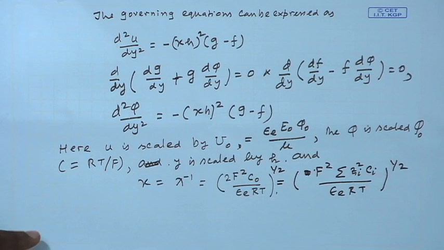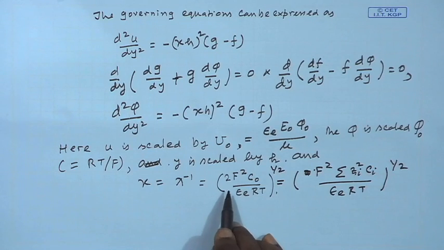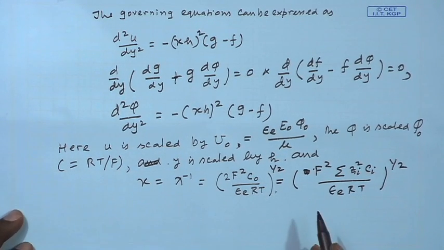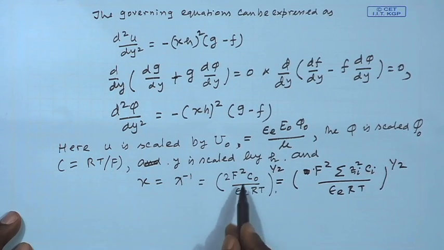In this case, if we have a symmetric binary electrolyte, this sum is equal to 2C0, but otherwise a parameter has to be introduced, as we have discussed before. The ionic concentration may not be the same as 2C0.